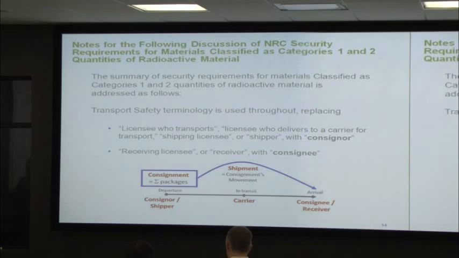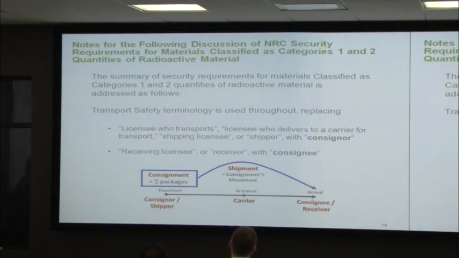Here's a note for the discussion which follows on NRC security for these. The summary of security requirements for materials in the regulations in 10 CFR 37, they talk about licensee who transports, licensee who delivers to a carrier for transport, a shipping licensee, and a shipper. And what I've put here, I've rolled all that into just the descriptor of consignor.